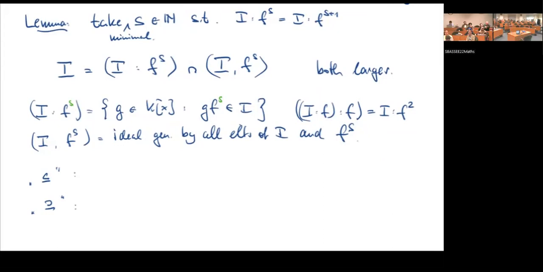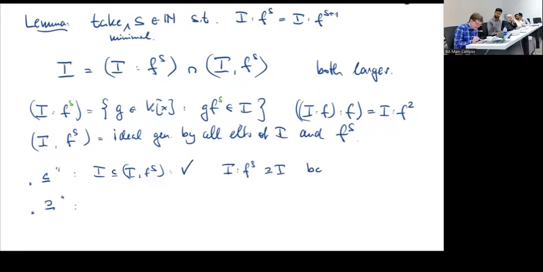Because I is contained in the ideal generated by both I and F to the S, so I is contained in both. Then because I is an ideal, for every polynomial of I, the product with an element of F to the S belongs to the ideal, so it is contained in this ideal as well.